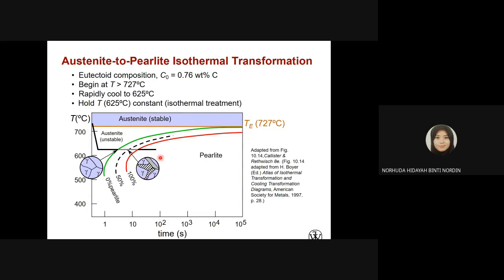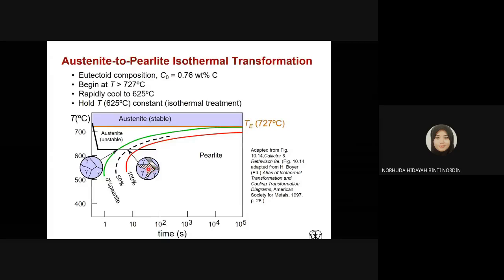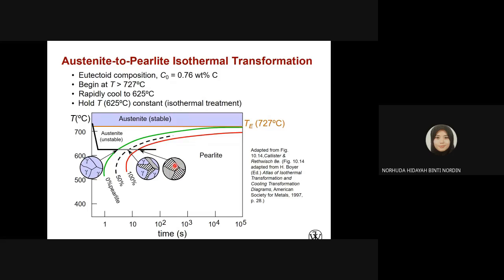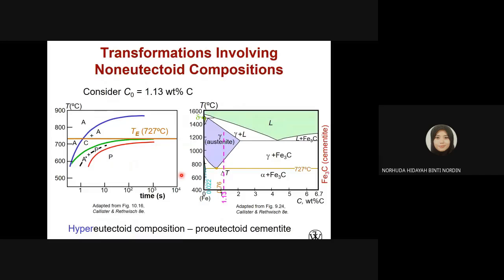And as I said, pearlite is the lamella structure because it consists of ferrite and cementite. So you draw a ferrite and cementite lamella structure like this. And at the red one, all austenite is transformed to pearlite. So no more austenite in this micrograph, only the lamella structure of ferrite and cementite. Easy, right?